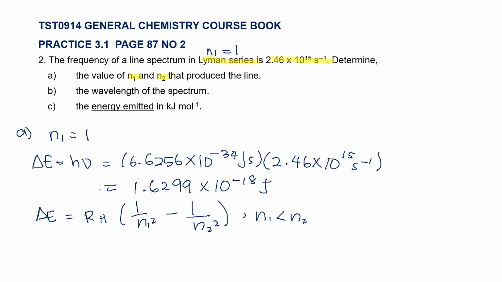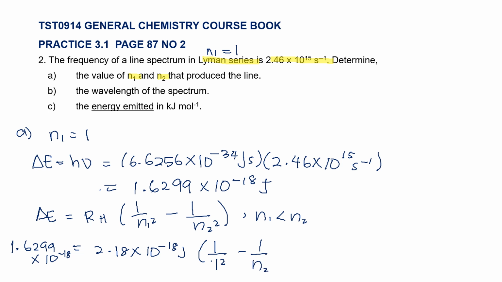So we substitute the delta E value, 1.6299 times 10 to the power of negative 18 joules, equals RH. RH for calculating energy is 2.18 times 10 to the power of negative 18 joules, times 1 over N1 squared, and N1 is 1 for Lyman, minus 1 over N2 squared.